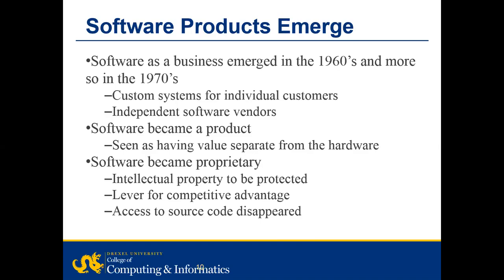And they started to think about software as intellectual property and as therefore something that they needed to protect. So the legal people at the corporations, the hardware companies, got involved with software and started to think about it as intellectual property and to think about how can we protect our intellectual property, how can we use it to our advantage competitively. And as that evolved, access to the source code disappeared.